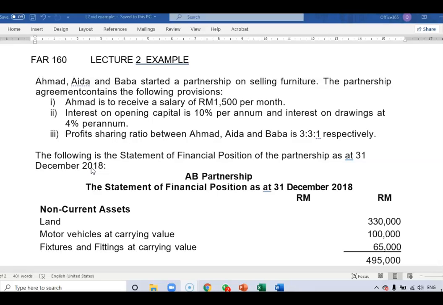We have 3 partners, Ahmad, Aida, Baba, and the partnership agreement is agreed that Ahmad is to receive salary 1,500, interest 10% per annum, and interest on drawing 4% per annum, and the profit sharing ratio is 3:3:1. This we call the existing or the old profit sharing ratio, OPSR.